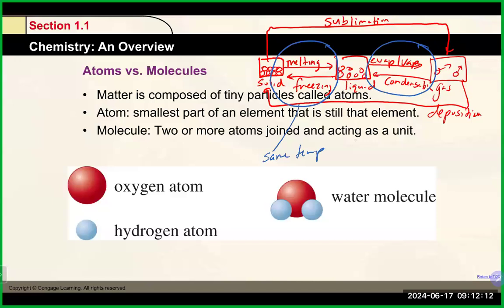So when we go from solid to liquid to gas, does energy need to be put in or taken out to do those processes? What do you think? Energy needs to be put in to do so, right? So if you take the ice cube example, when you take an ice cube out, it picks up all the energy from the surrounding air, and it starts to melt.